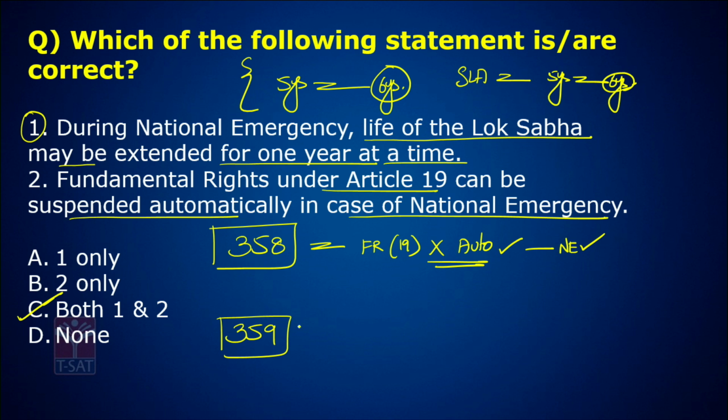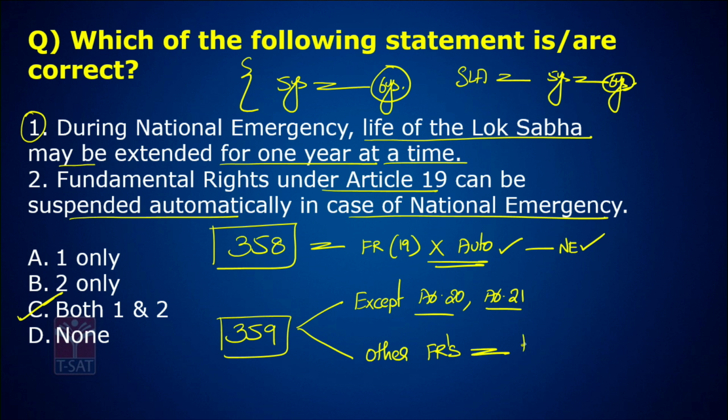Now, what about 359? Listen to me very carefully. Except Article 20 and Article 21, other fundamental rights can be suspended by a presidential order.